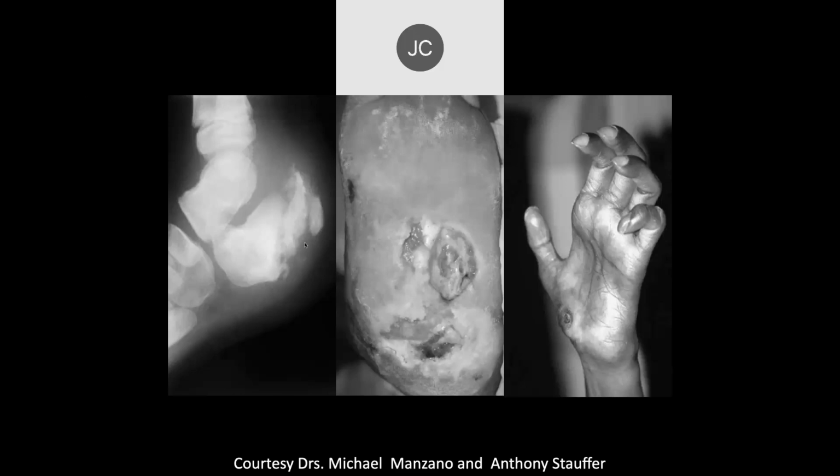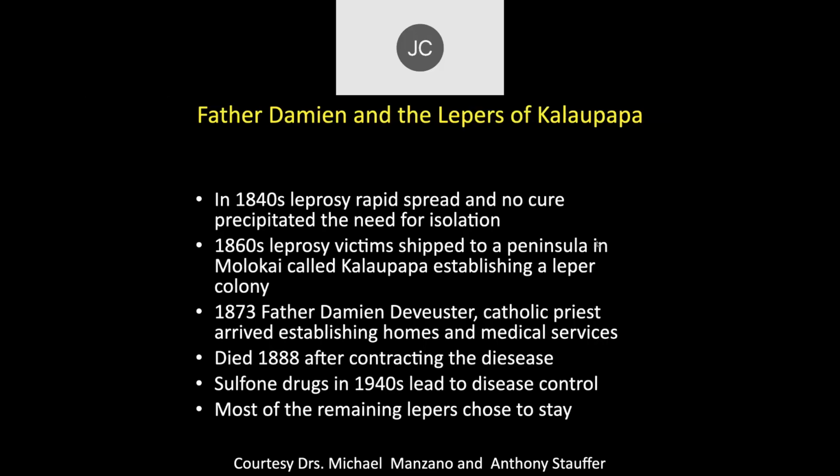And here you can see bone destructive disease, which we've already seen chronically. The bacterium is very similar to tuberculosis. You get neuropathic disease because it tends to affect the nerves, especially the pain nerves, with loss of sensation. Father Damien was the person who started the leprosy colony in Molokai in the 1840s, and there's still a colony there today.